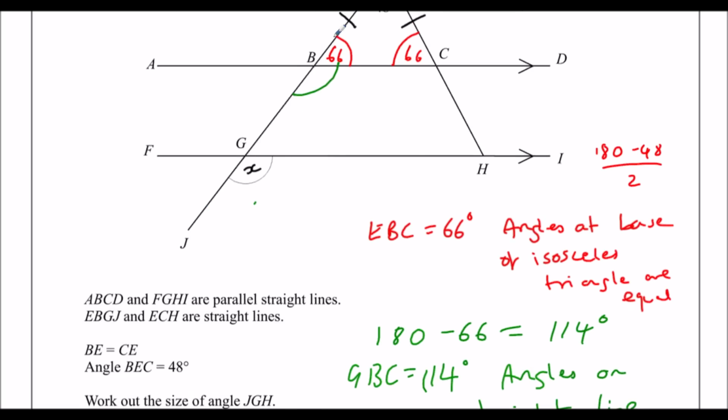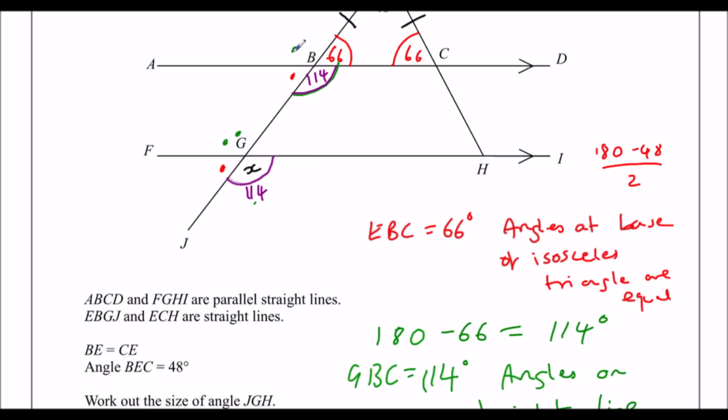So when we have a straight line going through parallel lines, it makes exactly the same angles with both lines. So the straight lines going through the parallel lines make the same angles twice. So this angle and this angle are exactly the same. They're corresponding angles.